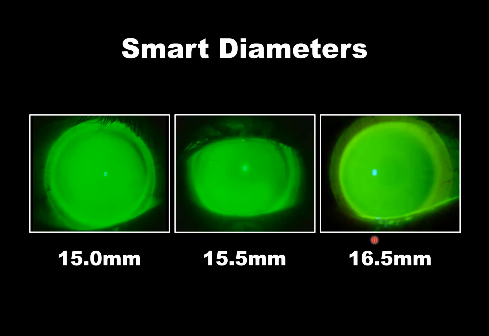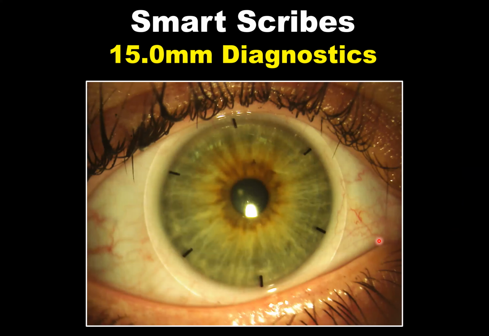Then we've got the 16.5 for the eyes that are large, for the more asymmetric or advanced conditions. So you've got a number of diameters in your diagnostic set for a fair range of patients.